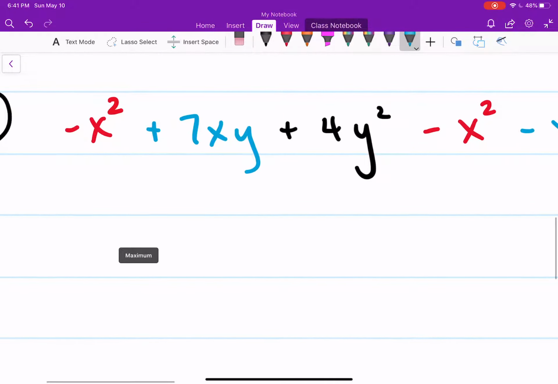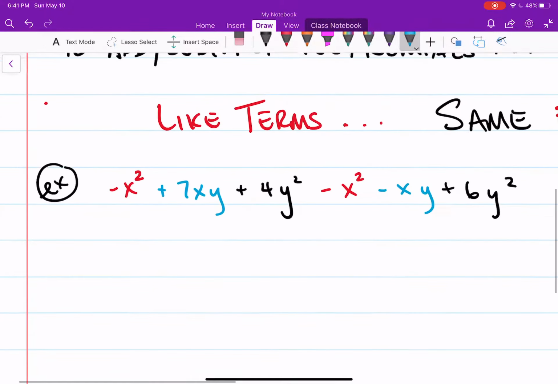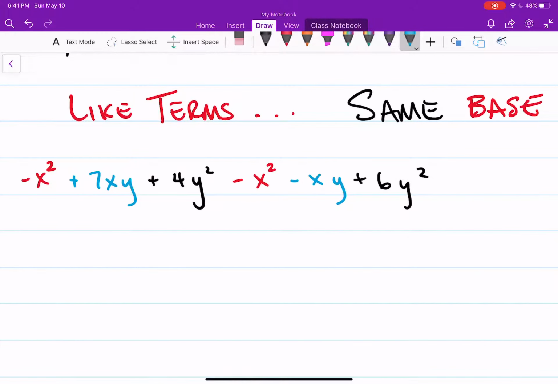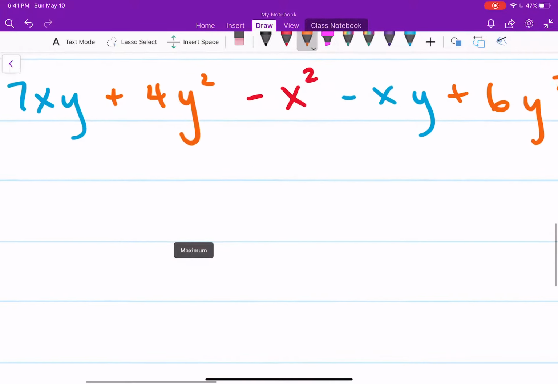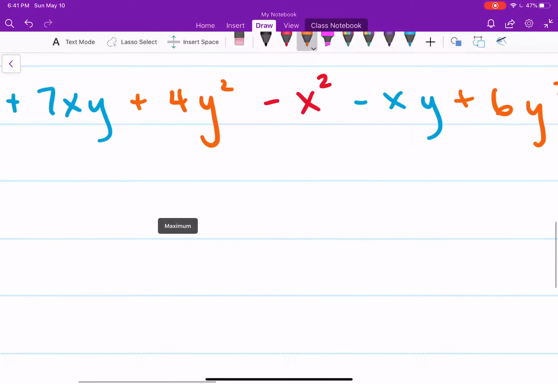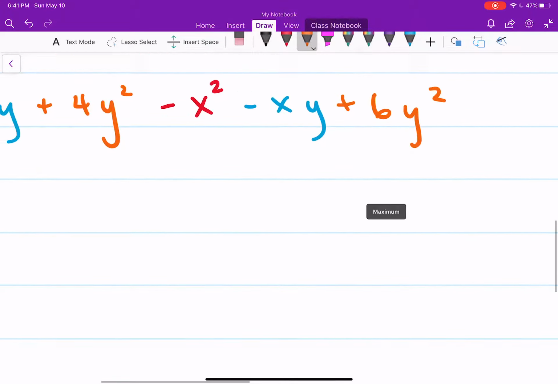The value of this one is positive 7xy, while this is a negative 1xy. All right? Then, let's take a look at that one. Y squared, positive 4y squared, positive 6y squared, okay?